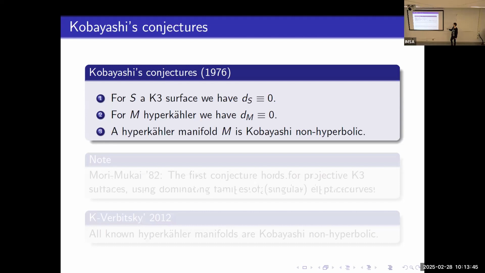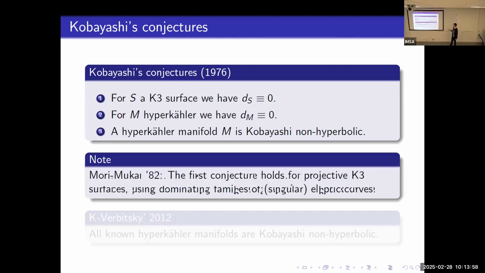Of course, if the second point is true, then the third one follows. And here is some history behind the proof of these conjectures. The first conjecture was first established by Mukai and Mori in the early 80s. Because for projective K3 surfaces, you have families of elliptic curves covering them going in different directions.